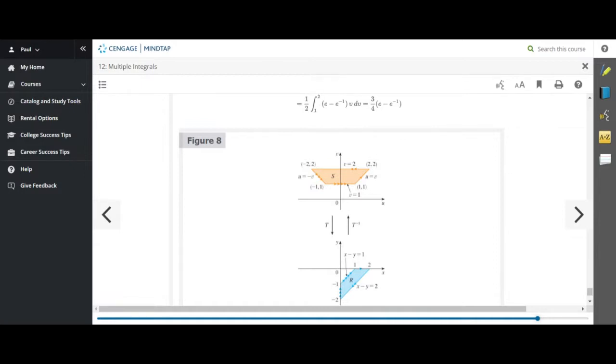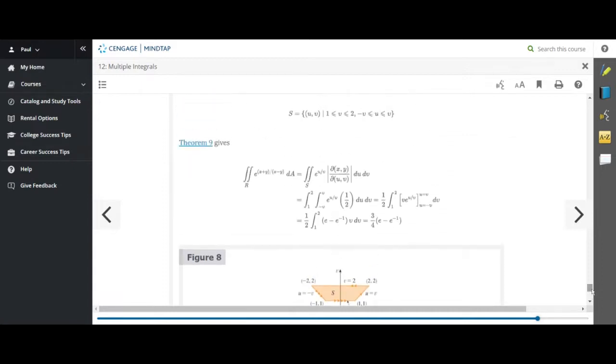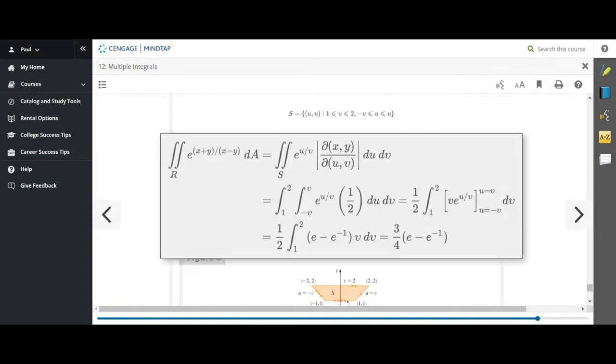When you do that, this is your new double integral, and that is an integral that can be integrated, and you end up getting an answer.